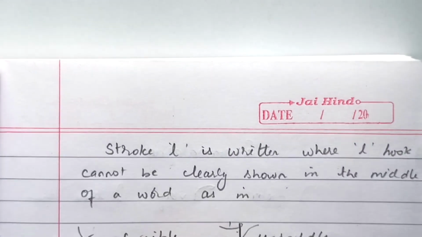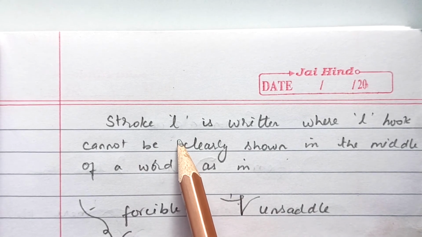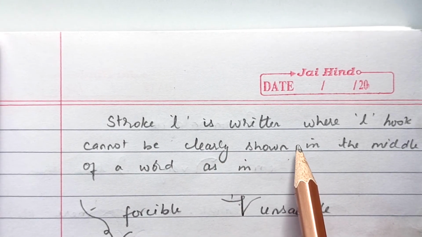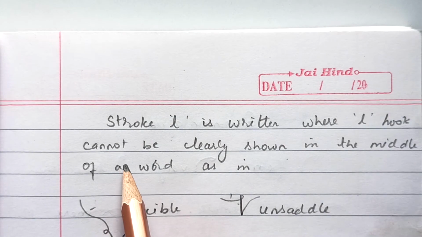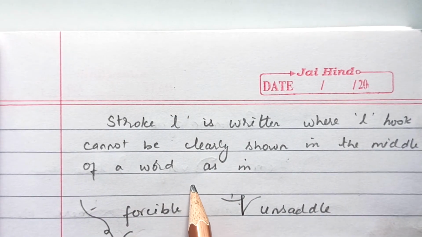And in the words where stroke L has to be used. The stroke L is written where the L hook cannot be clearly shown in the middle of the word.